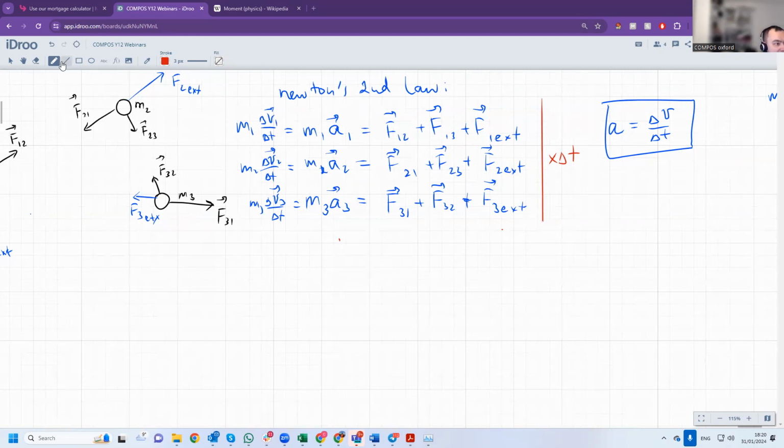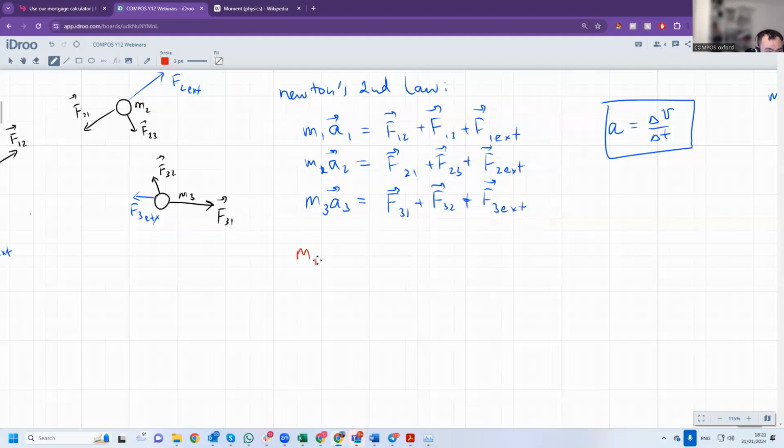We're going to add the three equations. I'm going to hold on with this for now, just not to make it too clunky. I'm going to add the three equations.